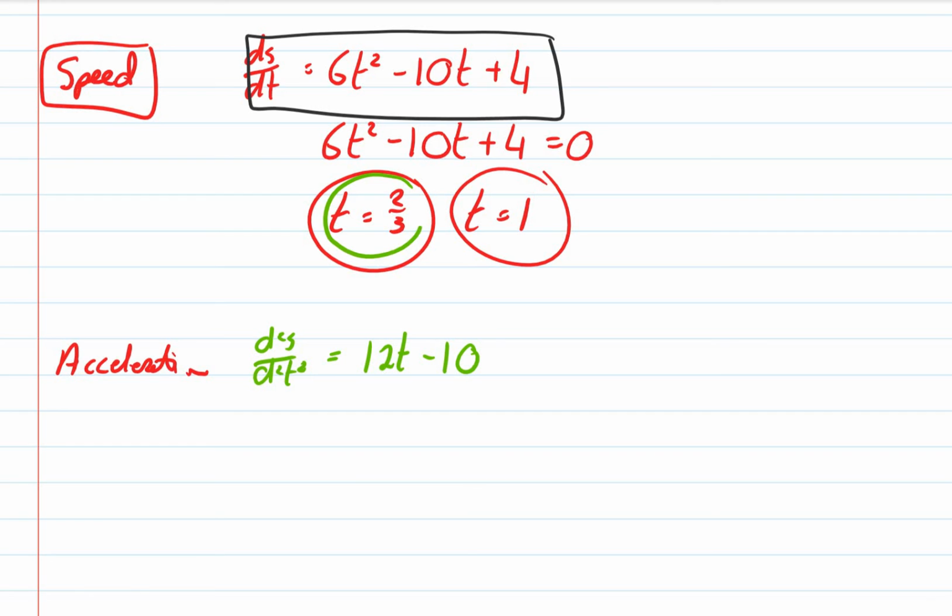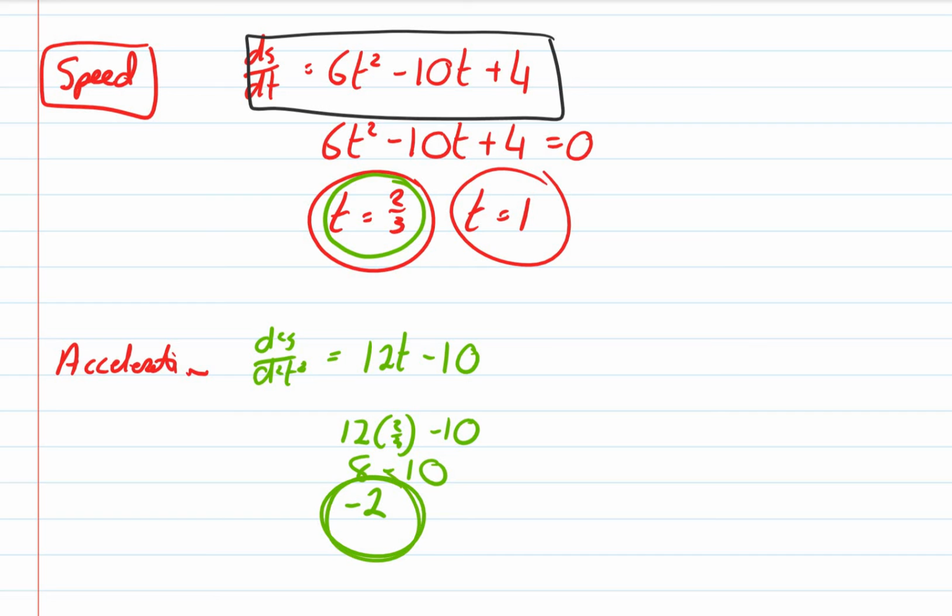So we'll take t equals 2/3. We'll put it in for t. So 12 times 2/3 minus 10. And that will give us 8 minus 10, and that will give us minus 2.